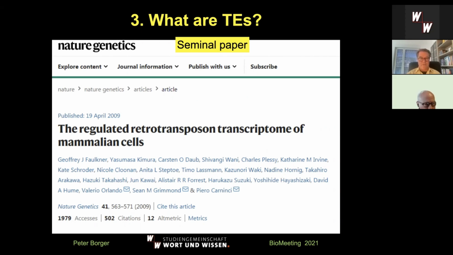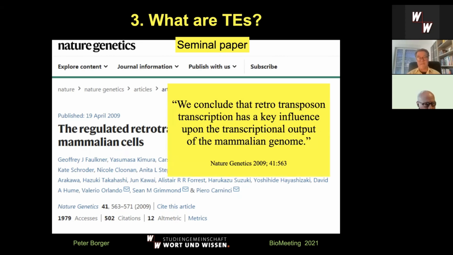And I think this is one of the seminal papers. This is also referring to transposons in the genome. It was published 11 years ago in Nature Genetics, and it is called The Regulated Retrotransposon Transcriptome of Mammalian Cells. And what they showed, or what they conclude, is that retrotransposons, and then we are talking about these LINEs and these ERVs, the retrotransposon transcription has a key influence upon the transcriptional output of the mammalian genome.